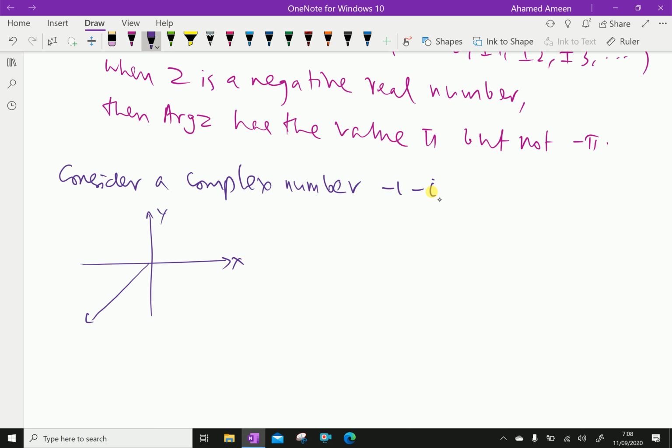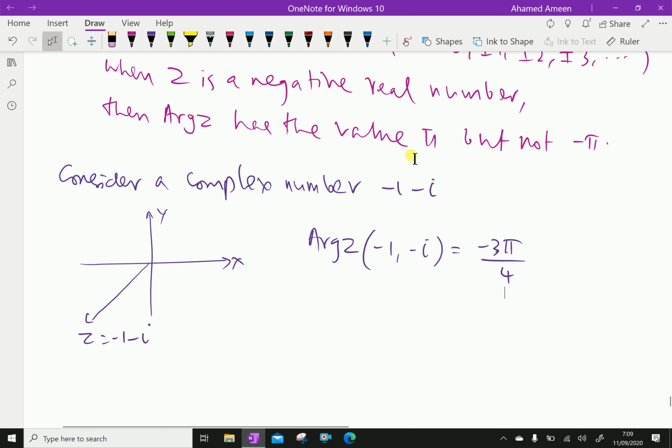Suppose this is the point P, minus 1 minus i, our z. Now the principal value of the argument arg z of minus 1 minus i is minus 3 pi by 4, because both are negative here.